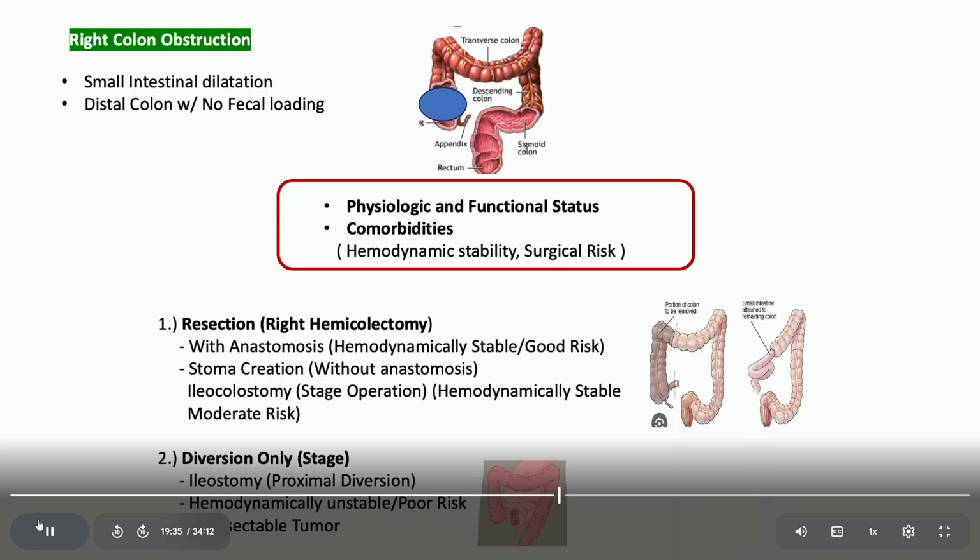For hemodynamically stable but moderate risk patients, a right hemicolectomy with ileocolostomy without anastomosis is the better option. In poor risk, hemodynamically unstable patients or with an unresectable tumor, only an ileostomy or proximal diversion is the best option.